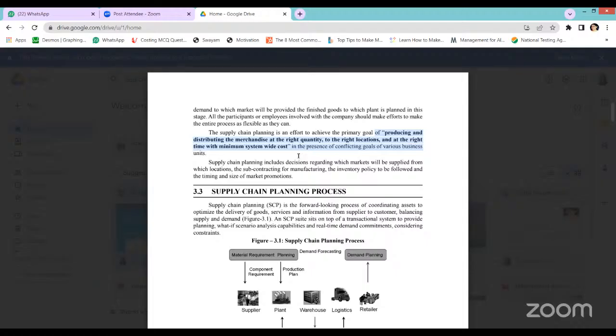You are supposed to find the right location. If you supply to the wrong customers, it will be difficult and you will face issues and challenges. And the right time: if you produce woolen sweaters after the winter season, what's the use?